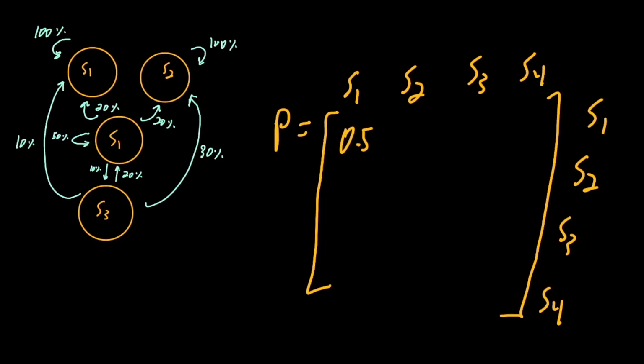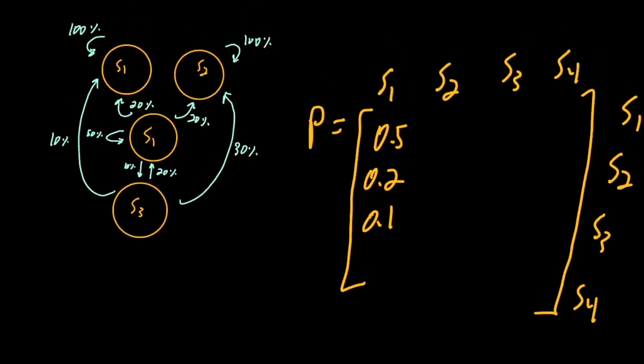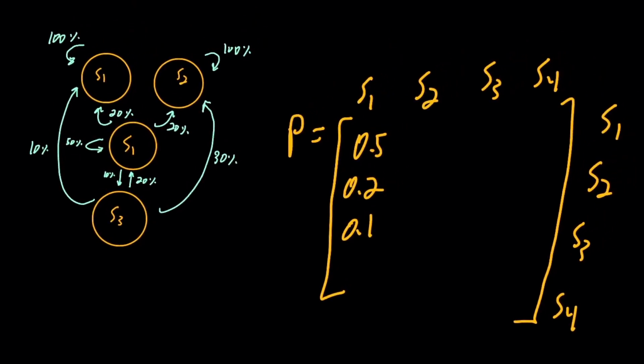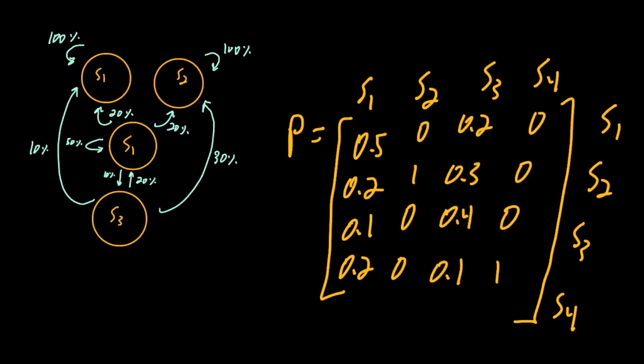From the first state to the second state, based on the picture, we have 20%, so that's 0.2. From the first state to the third state, we have 10%, so that's 0.1. And from the first state to the fourth state, we have 20%, so that's 0.2. So pause the video and repeat this process for the remaining states. This is what your matrix should look like.